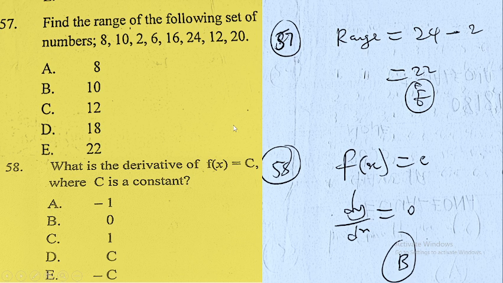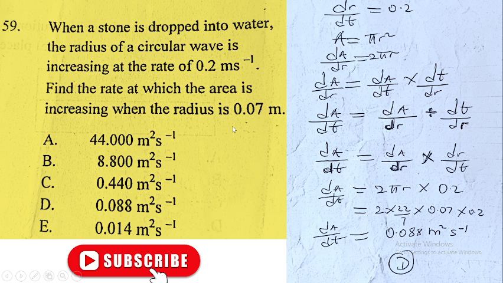Let's jump to question number 59. Question number 59 is also on the application of differentiation. When a stone is dropped into water, the radius of the circular wave is increasing at the rate of 0.2.